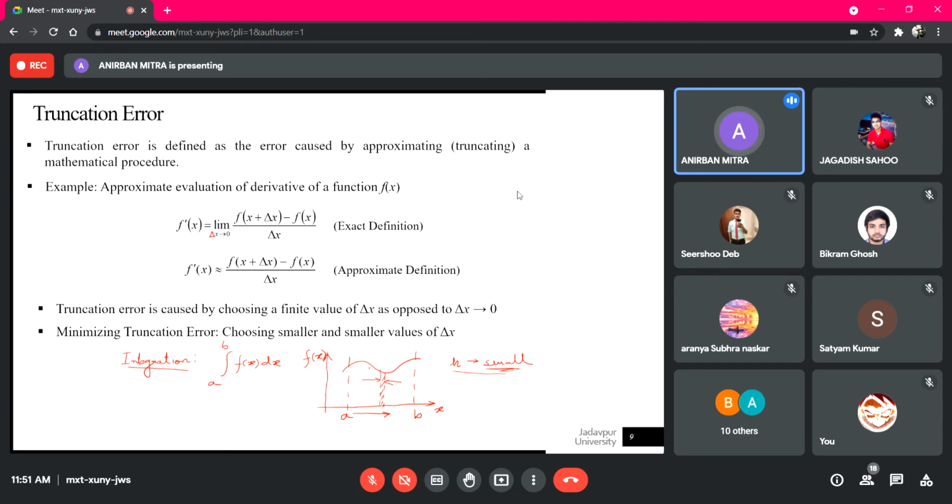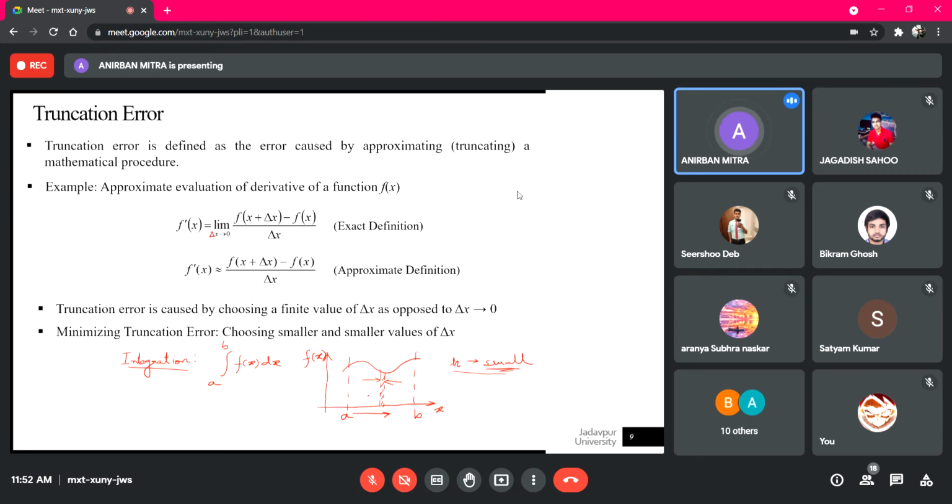If you approximate this area with respect to 10 rectangles, then you will have, say, a large amount of truncation error. Compared to that, if you approximate this area with respect to 1,000 such small rectangles, you would get a much more accurate value, less truncation. So I hope the concept of truncation error is clear to you after this discussion.